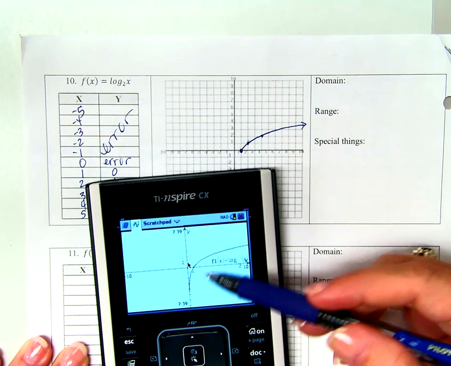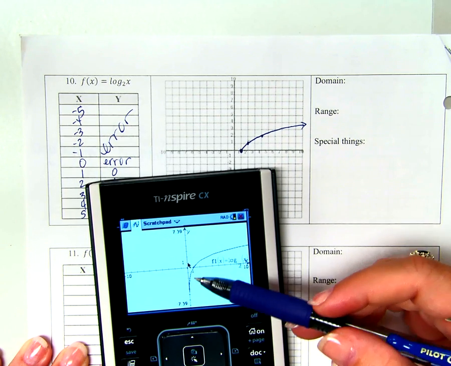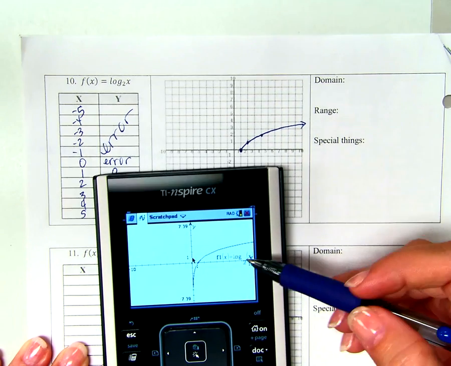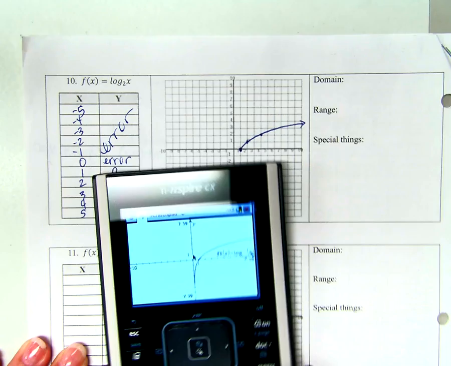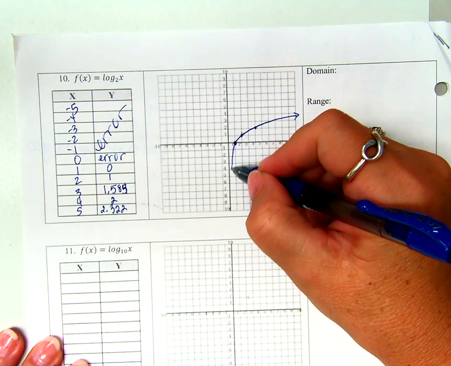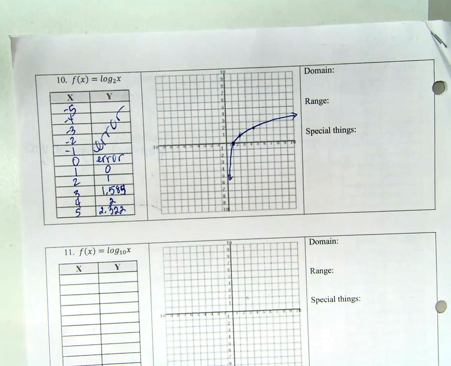What it looks like is it stops, but that's because of the restrictions of the calculator and the size of its pixels, right? So what's happening to this function? Closer and closer to 0, but not touching. Okay? So draw that somehow for yourself. And if you look at this one I have up on the screen here, it's a little bit easier to see.